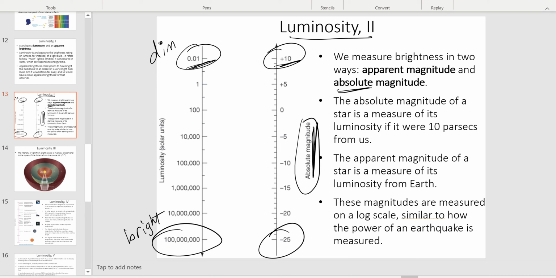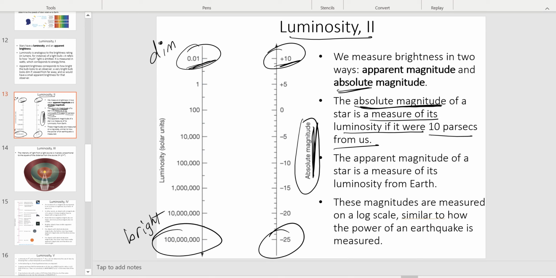The absolute magnitude has a very precise definition. It is the measure of the luminosity of a star if it were 10 parsecs from us. The 10 parsecs is really a convention, but the idea is the following. Stars are all different distances. Some are a few light years, some are 700, some are millions of light years away.